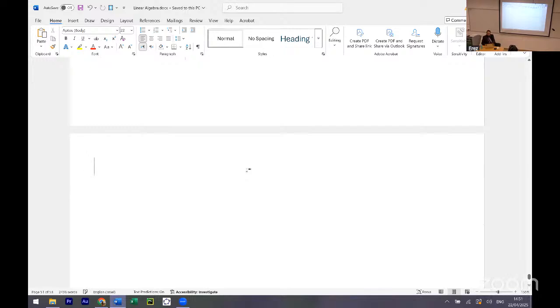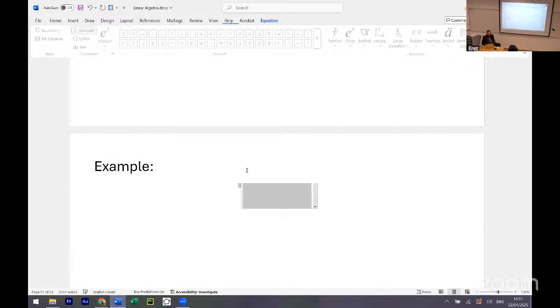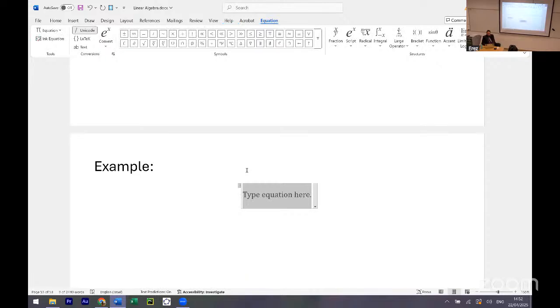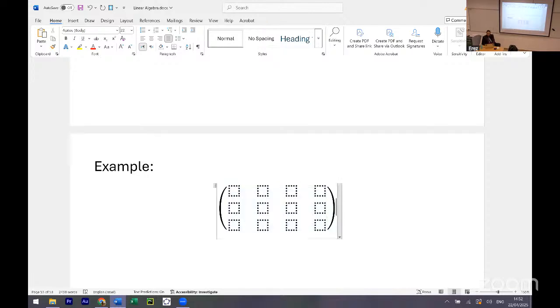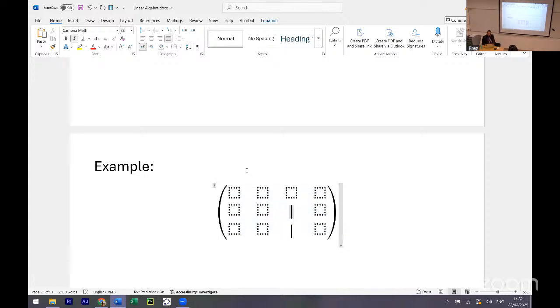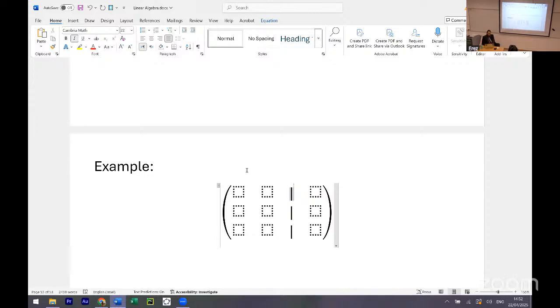Okay, so let's look at another example. Now I'll just write the matrix straight ahead. X, Y, and the constants. So this is also a square matrix, to be honest. But now I'm looking at the non-homogeneous system.